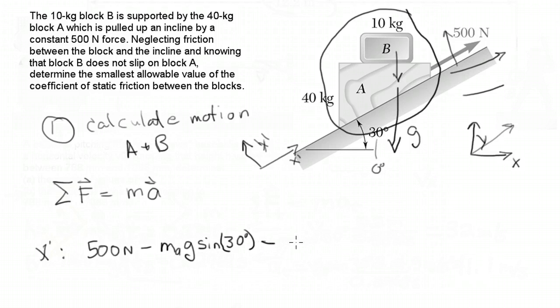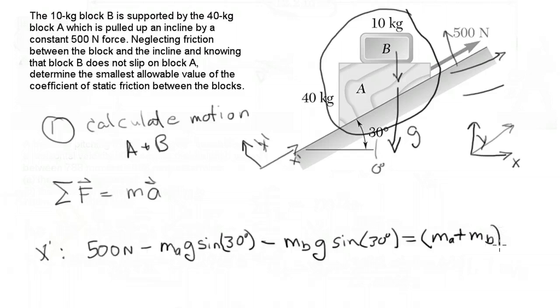Okay, so we've got the mass of A, and we've got a similar term for the mass of B, times sine of 30 degrees. And then that's going to equal the total mass times the acceleration.